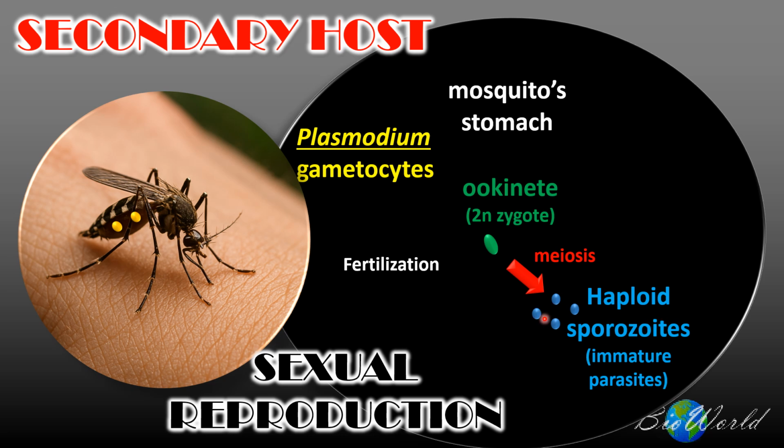These haploid cells are called sporozoites, and they are considered immature parasites. So a reminder, in the secondary host, sexual reproduction occurs, but because it is followed by meiosis, the final products are haploid sporozoites. Now let's find out what happens next.